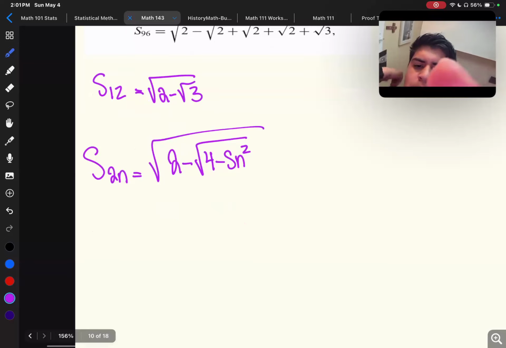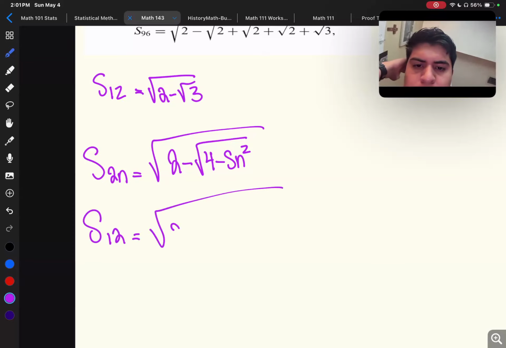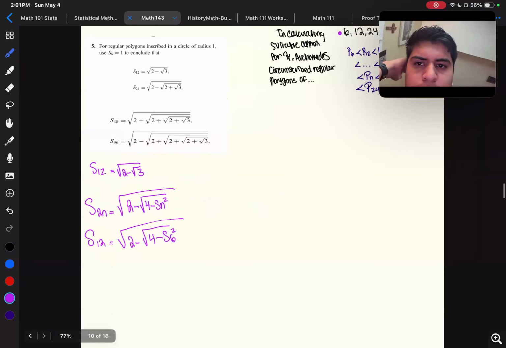So to get to 12, we know that we can multiply the n by 2. So here we have S12 equals the square root of 2 minus the square root of 4 minus S6 squared.